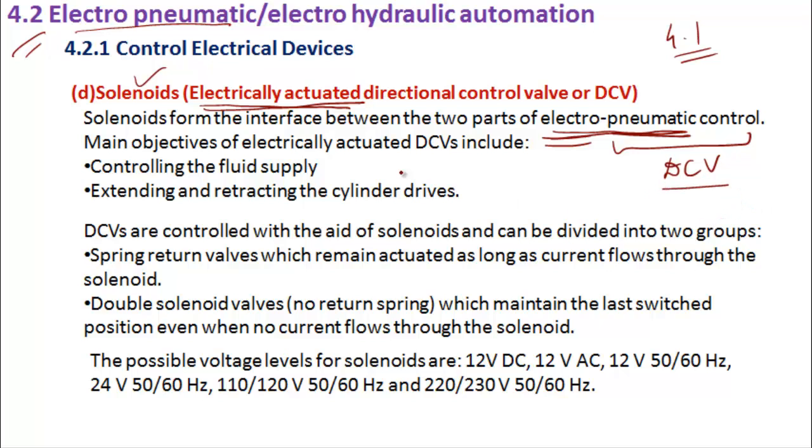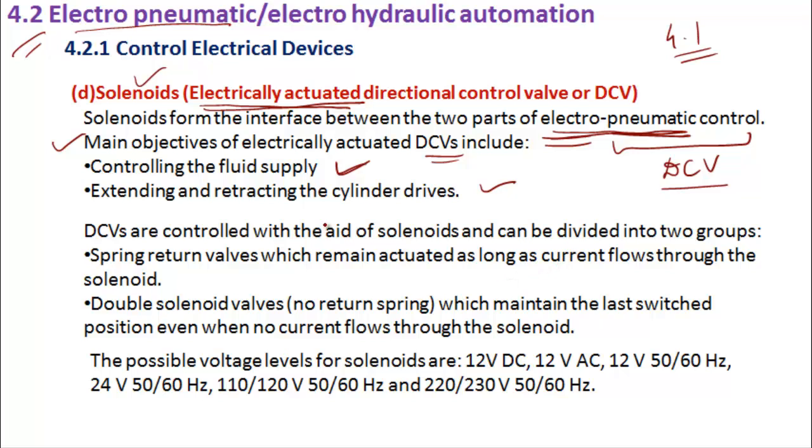So what is the main objective of an electrically actuated DCV or a solenoid? It is to control the fluid supply and to extend and retract the cylinder drives. The cylinder drives are basically the piston. So to move the piston and control the fluid supply, that is the main job of an electrically actuated DCV.